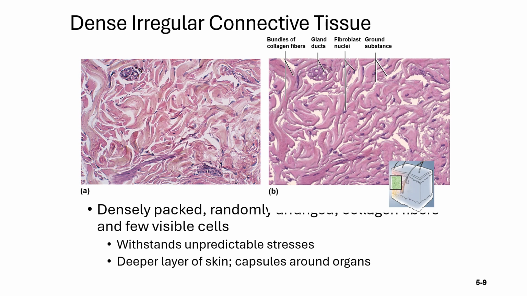Here you can see that they are randomly arranged, and they can withstand unpredictable stresses, but not as much as dense regular connective tissue. It's usually seen in the deeper layers of the skin, where it binds the skin to the underlying muscles, and also in the capsule around organs.